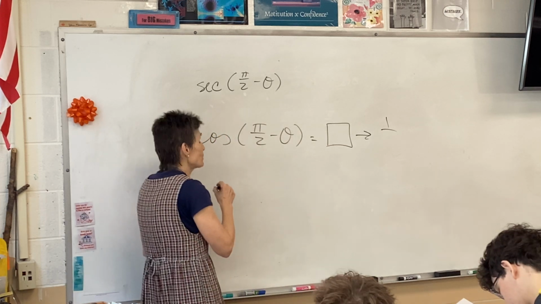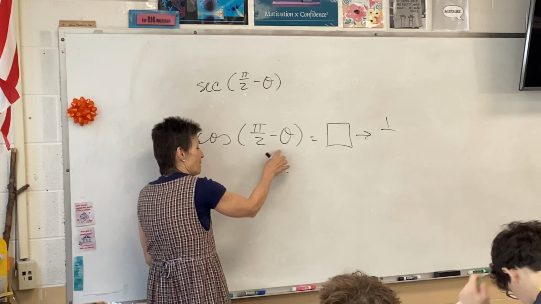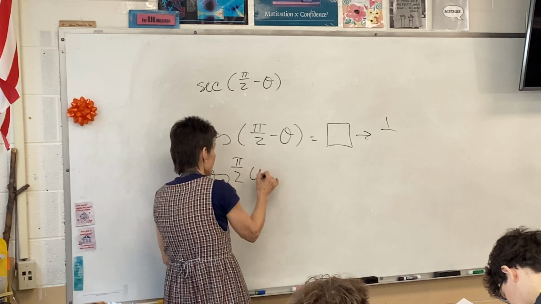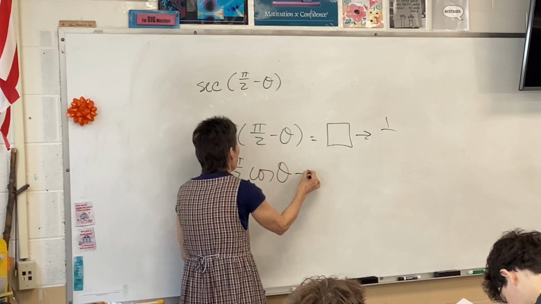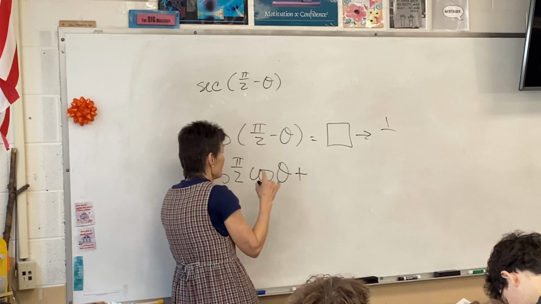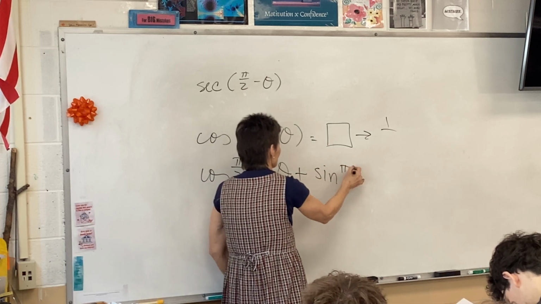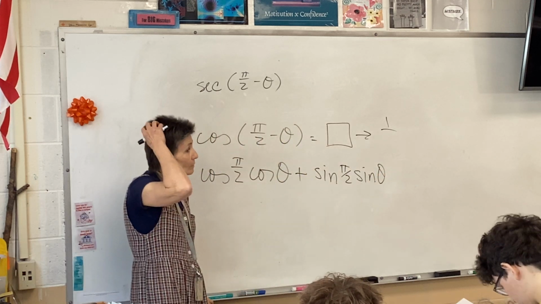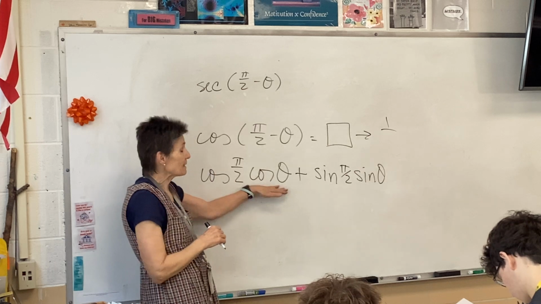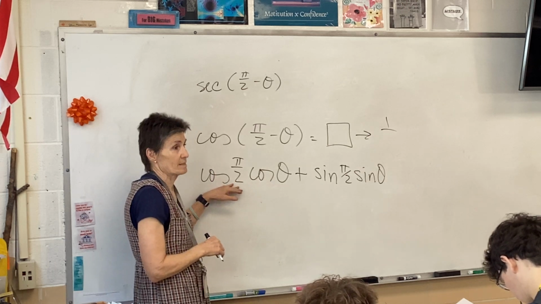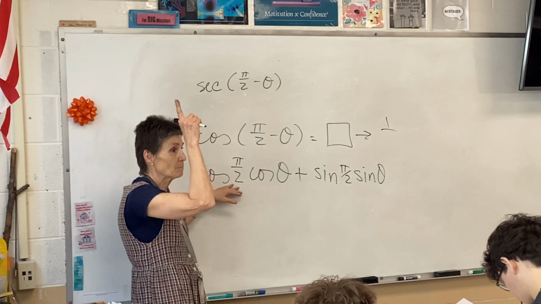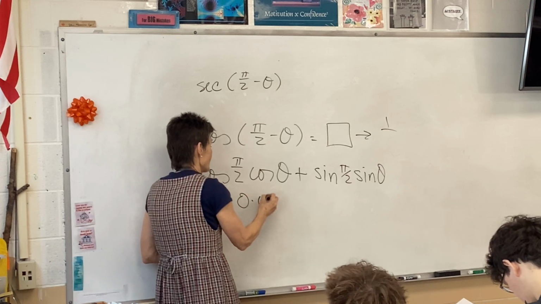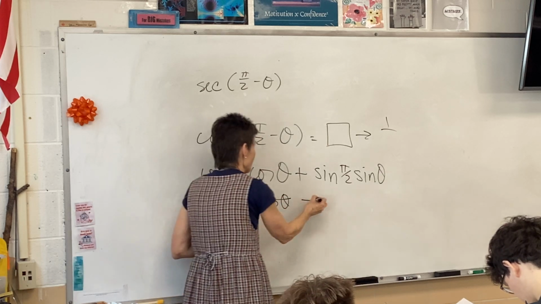So what does my cosine formula say? This is alpha and beta. Cosine of the first, cosine of the second, plus, remember the cosines are different, so plus sine of the first, sine of the second. Now you can't do anything with cosine theta, but you can do this. What's the cosine of pi over 2? 0. So this is 0 times cosine, which basically is gone.